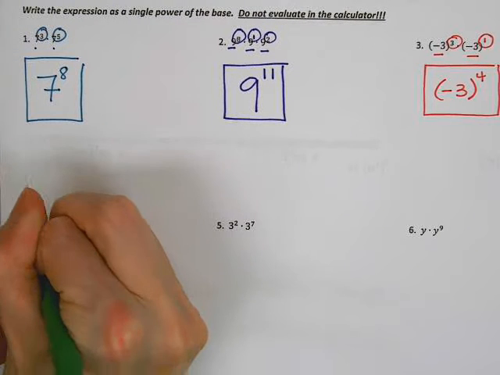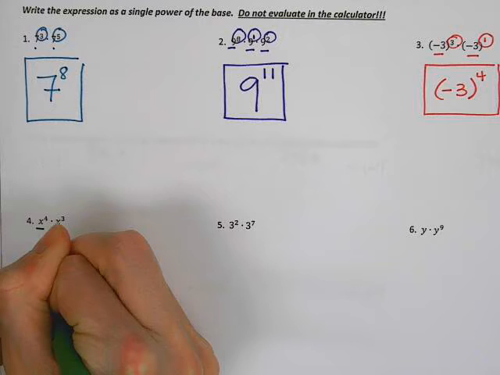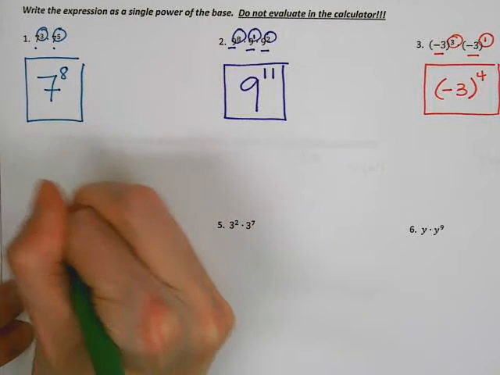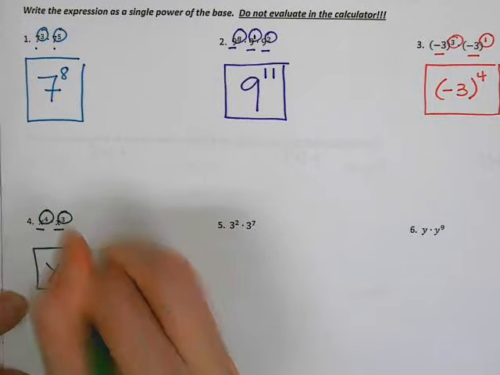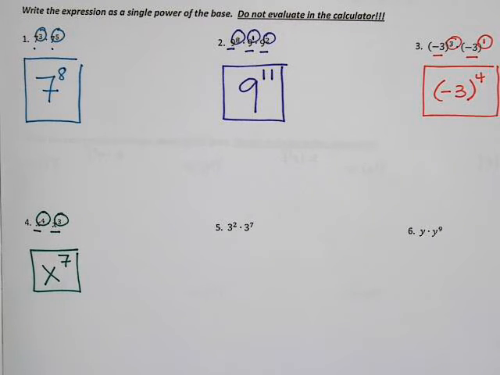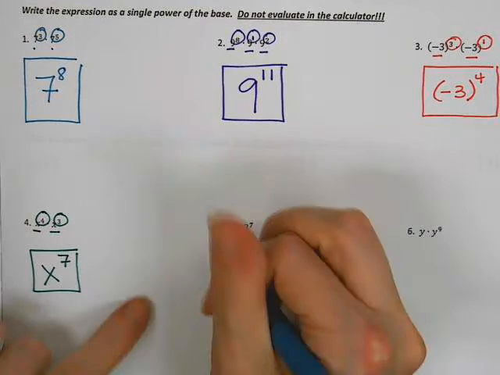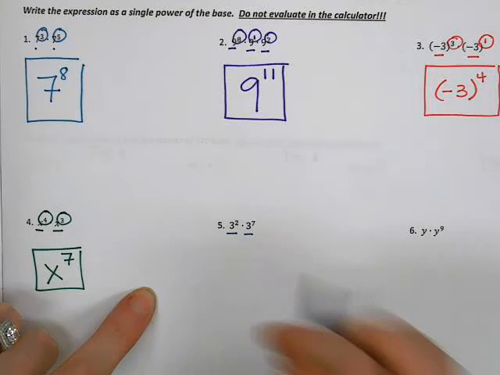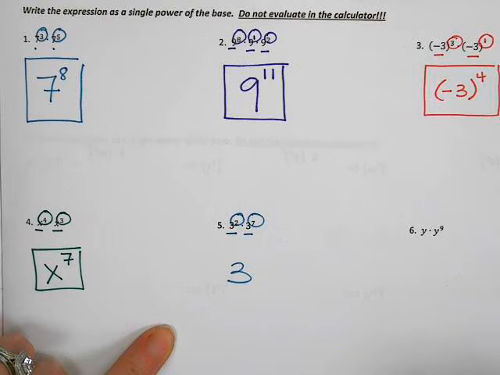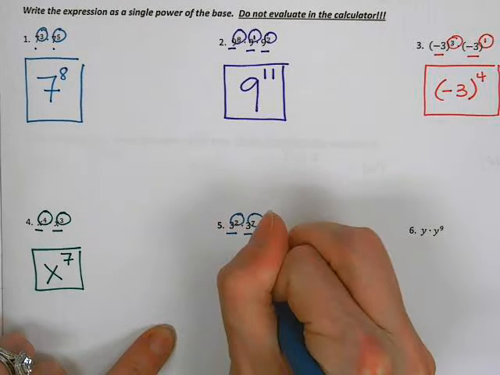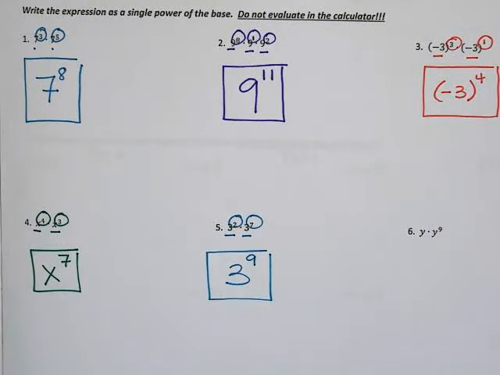If the bases are both x's, the x stays, and you add the powers. 4 plus 3 is 7. All right, number 5. If the bases are both 3, the 3 stays, and you add the powers. 2 plus 7 is 9. So 3 to the 9th.